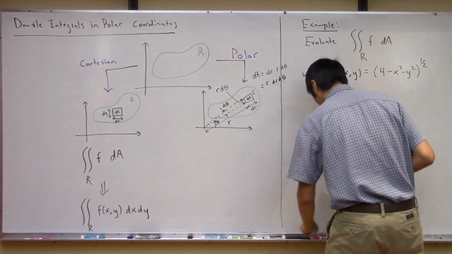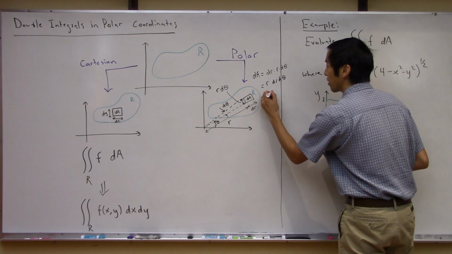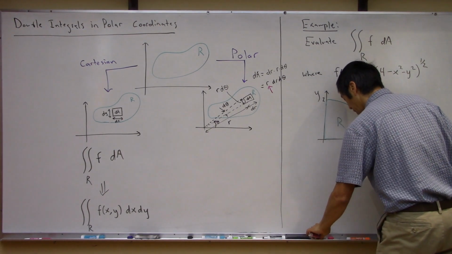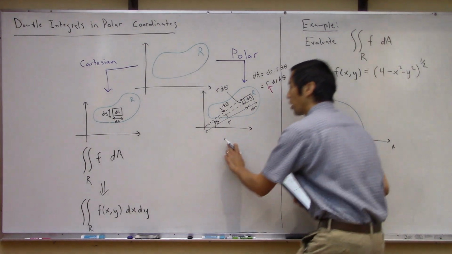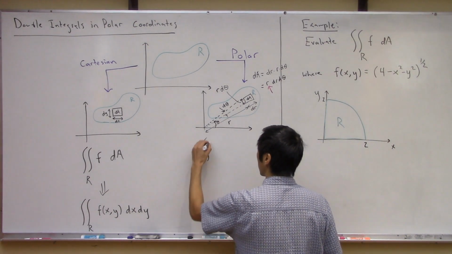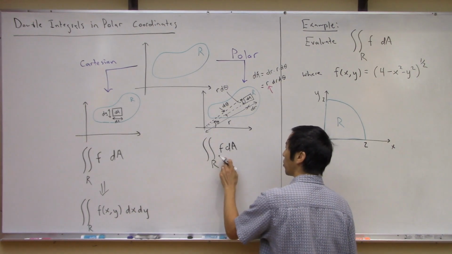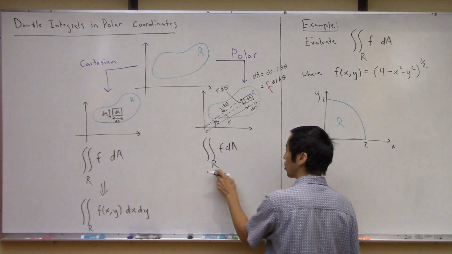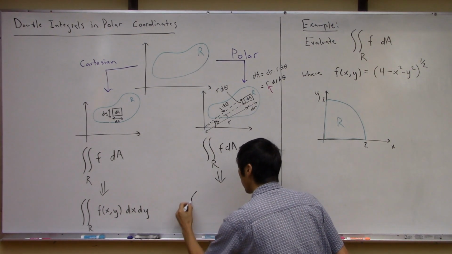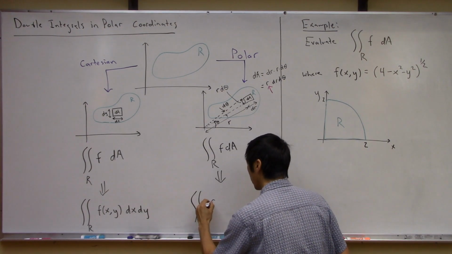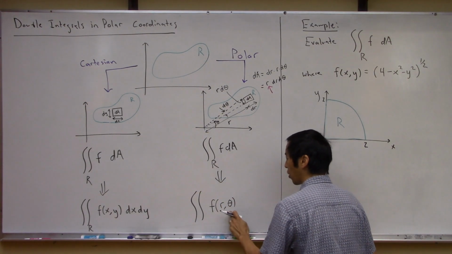So the thing I just want to stress, and I'm going to underline this in pink, is that there is this extra r term that gets introduced when we convert the problem to polar coordinates. In other words, the general idea is I want to calculate a double integral of some function over some region R. If I want to do this in polar coordinates, we are going to have to convert the function f to be in polar coordinates, basically a function of r and theta.